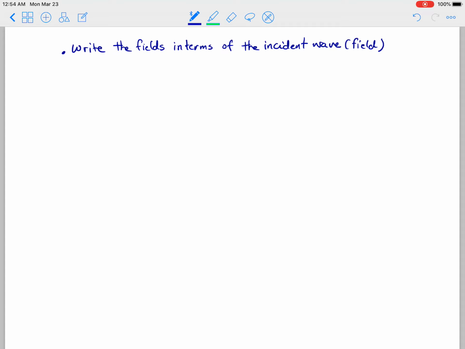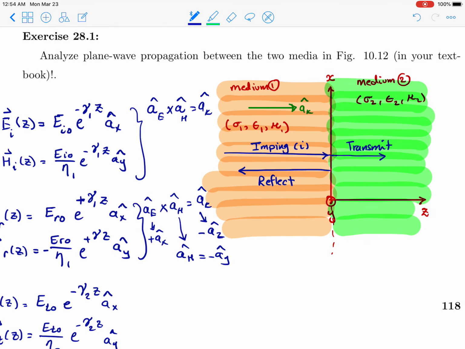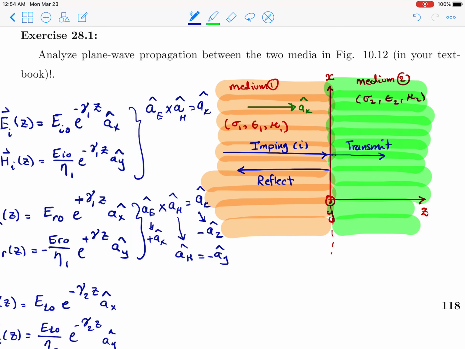In order to do that, we need to apply the boundary conditions, for the tangential component of the electric field. First of all, the electric field in medium 1 consists of two parts: the incident electric field and the reflected one.